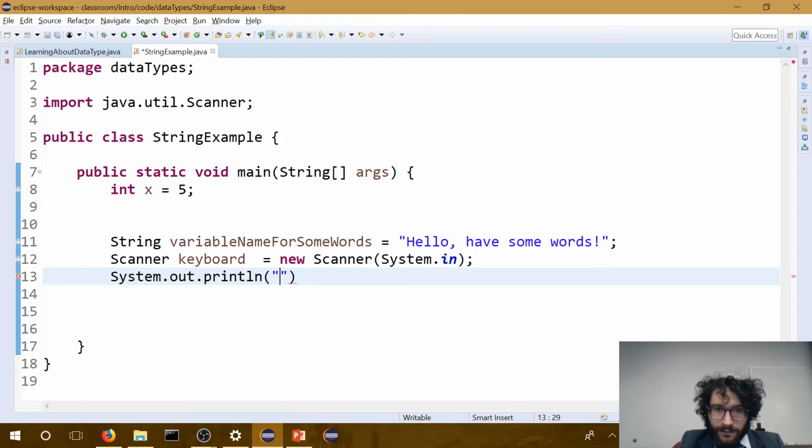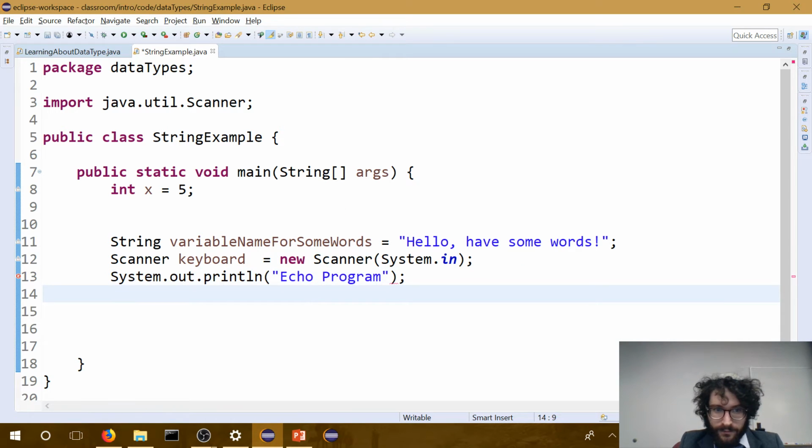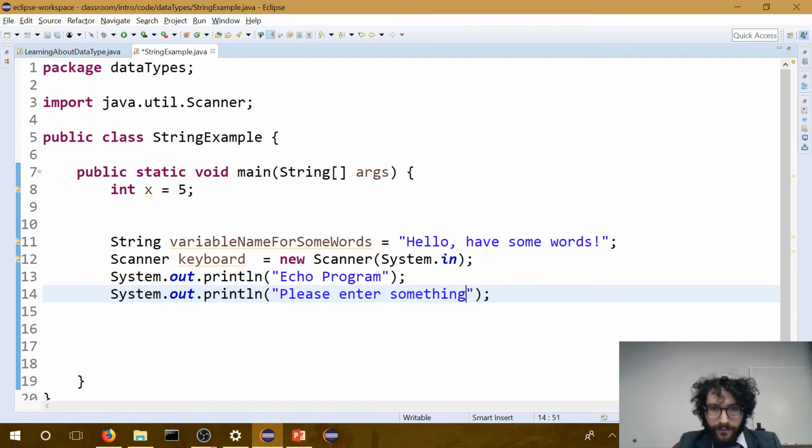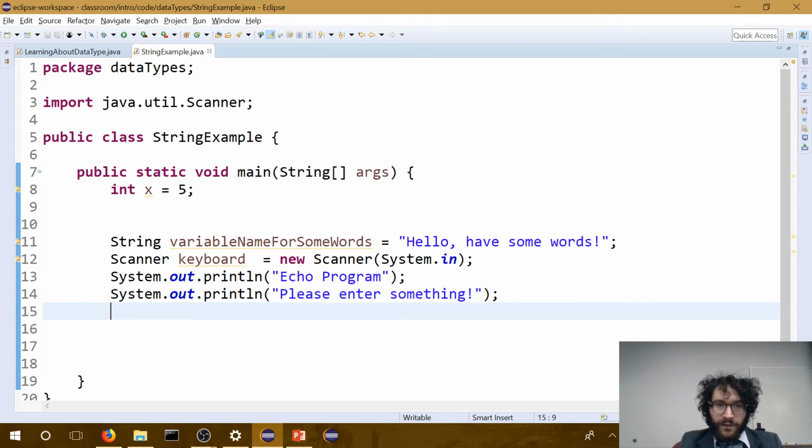So, echo program. Please enter something, right? Always give your user instructions on what to do. So the way we use scanner like this is to ask them for something.